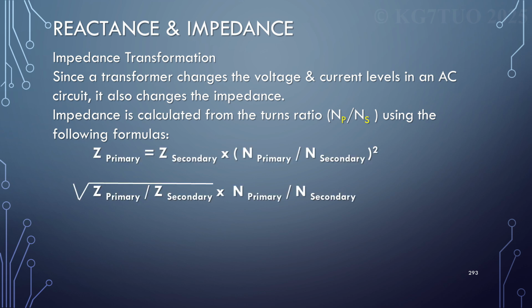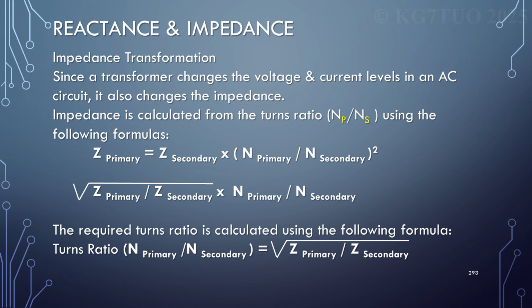Square root of Z primary divided by Z secondary times N primary divided by N secondary. Crazy, right? It's not in the test. The required turns ratio is calculated using the following formula. Turns ratio, the number of primary divided by the number of secondary, equals the square root of the primary divided by the secondary. G 418 and 419.